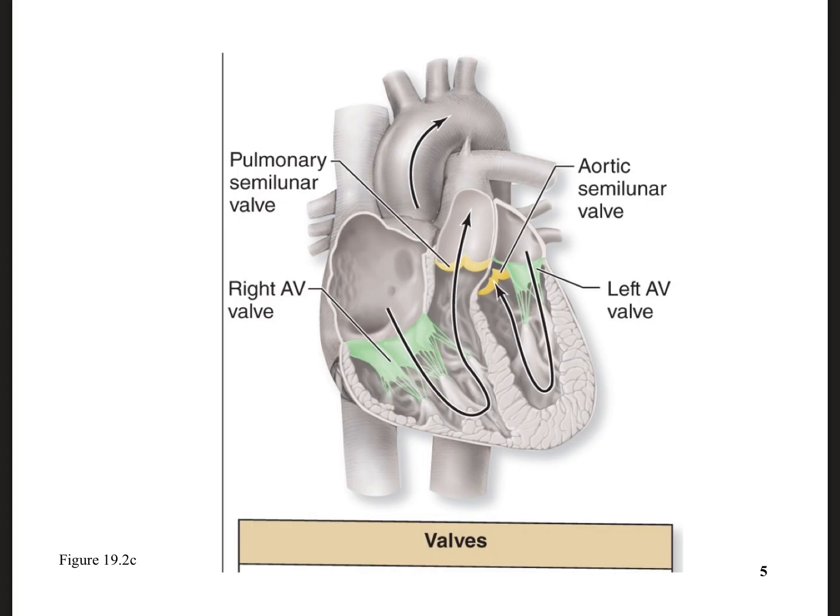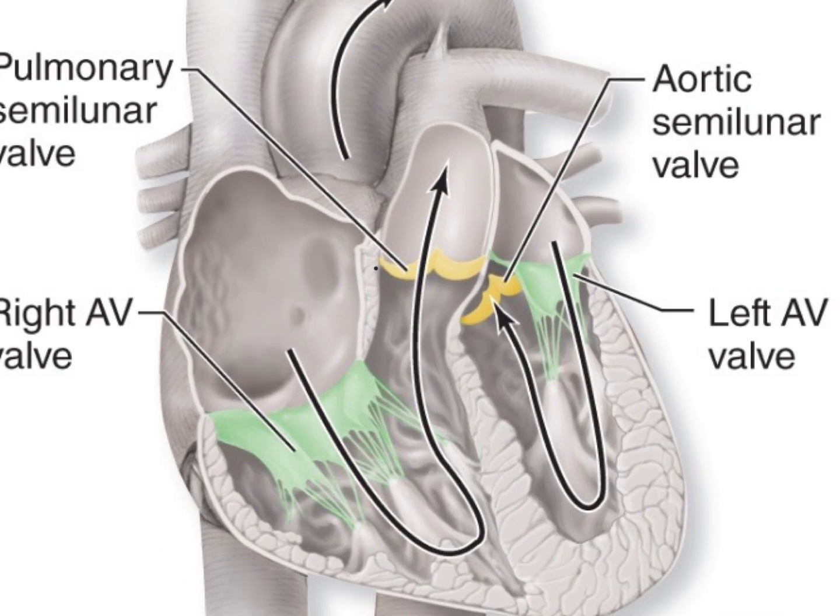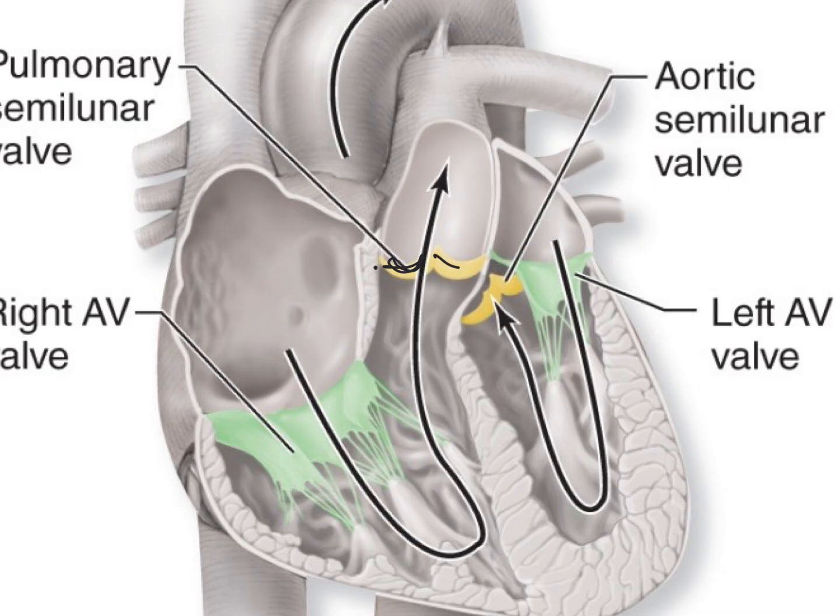And the other is on the right side of the heart and separates the pulmonary trunk from the right ventricle, so it's called the pulmonary semilunar valve. You also call pulmonary valve and aortic valve, they're the same thing. All right? You don't necessarily have to have that semilunar in the name. Okay? So you see these are kind of structured like half moons, right?